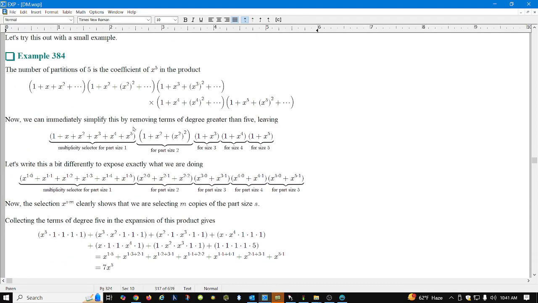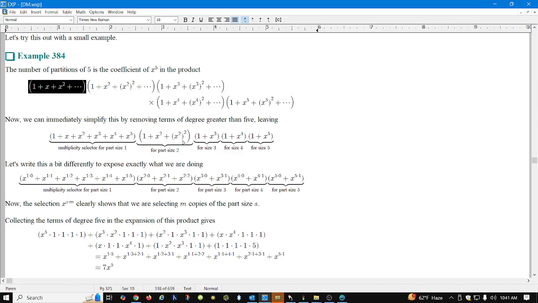Now, the first thing we can do is immediately simplify by removing terms of degree greater than 5, because a term in any of these formal power series of degree 6 or greater is never going to contribute to a final term of degree 5. So we can shorten this first one to 1 plus x all the way up to x to the 5th.